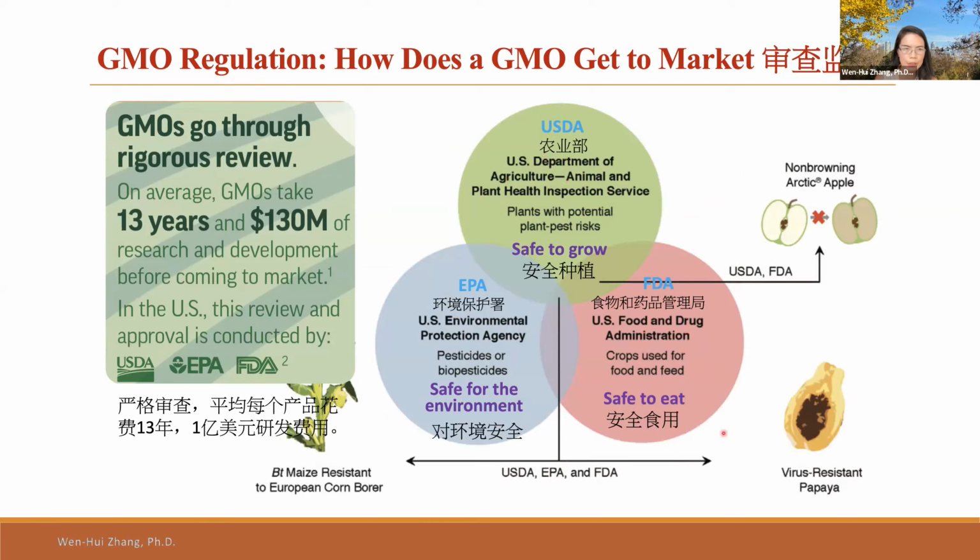So all three government agencies work together to make sure a GMO crop is safe to grow, safe for the environment, and safe to eat before coming to market. So that's a very strict, rigorous review process. It costs a lot of money.